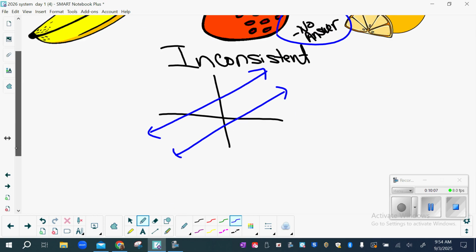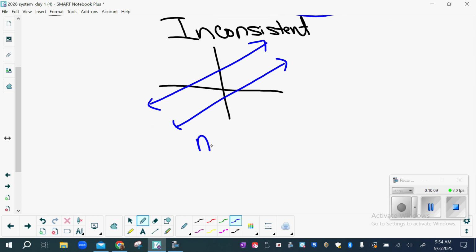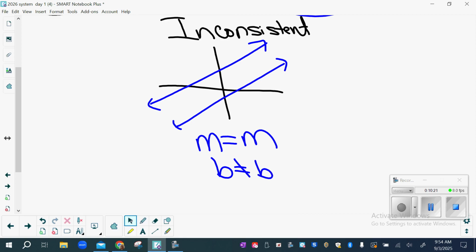What does that mean for you? It means this. The slopes are the same, but this is what matters. The b's are not the same. And let me show you why. If the b's were the same, they would lay right on top of each other. We don't want that.